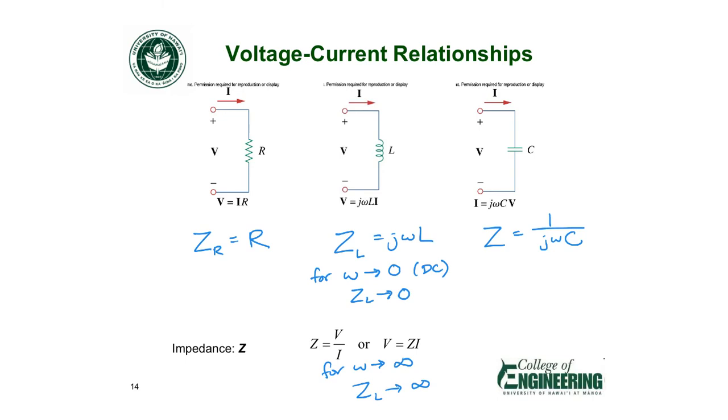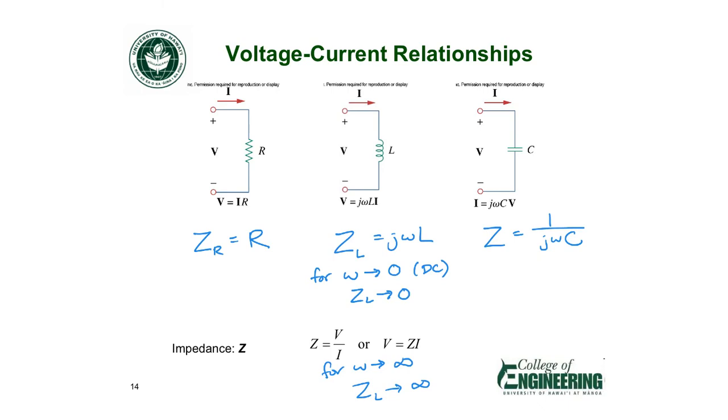I could put an inductor in series with the signal. Because if that signal has a high frequency, the inductor is going to have a lot of impedance. It's going to block most of that signal. So inductors are used in a lot of filters, which you'll start learning next semester.